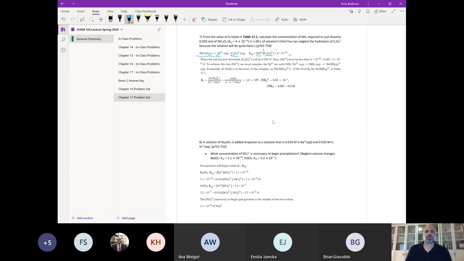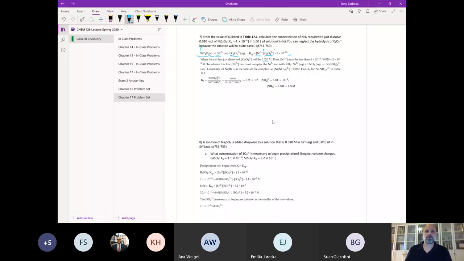So when the salt is just dissolved, you want the C2O4 concentration to be equal to the 0.02 molar. When you're trying to dissolve this entire solution, you're trying to completely dissolve it.